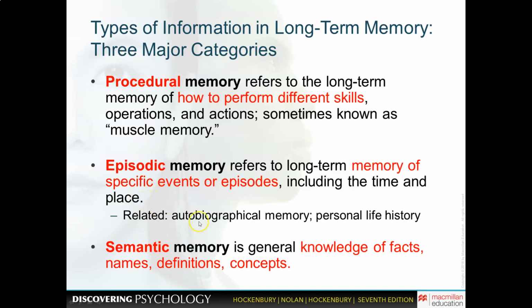That can also be autobiographical memory, our personal life history. Anytime you remember anything that has to do with a specific event or an episode, that refers to episodic memory. The third type of information in our long-term memory is semantic memory.